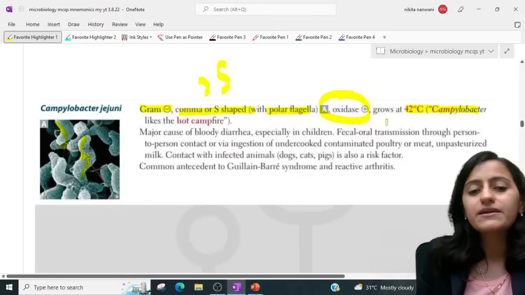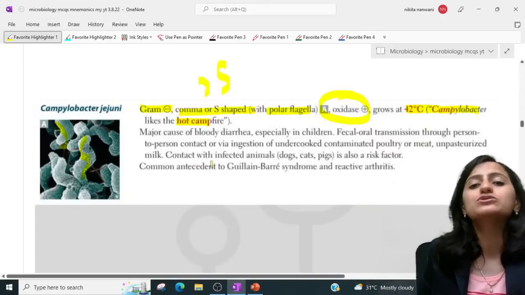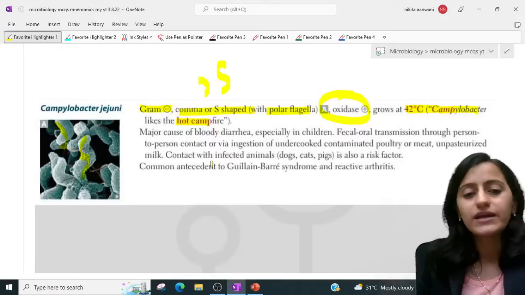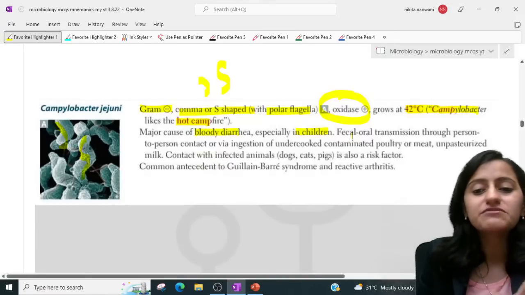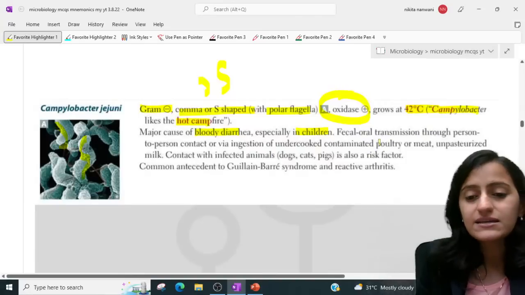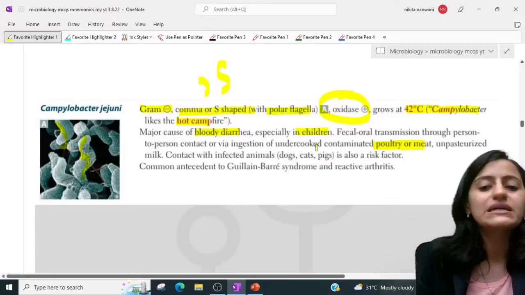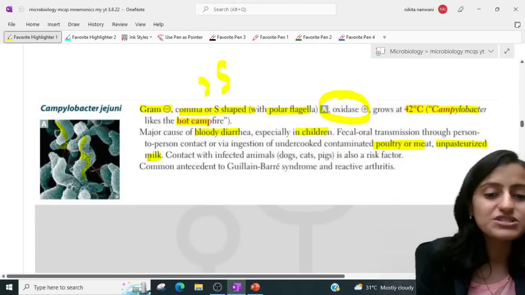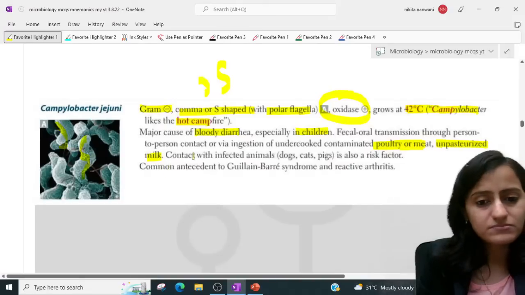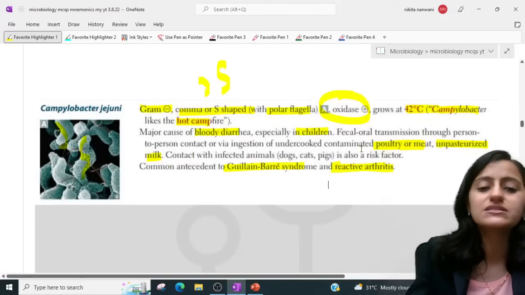Remember, Campylobacter likes the hot campfire, so high temperatures, that is 42. It is a major cause of bloody diarrhea, especially in children. Fecal-oral transmission is there, or it's because of ingestion of undercooked, contaminated poultry or meat, or unpasteurized milk as well. Association with Guillain-Barré syndrome and reactive arthritis, that is Reiter syndrome.